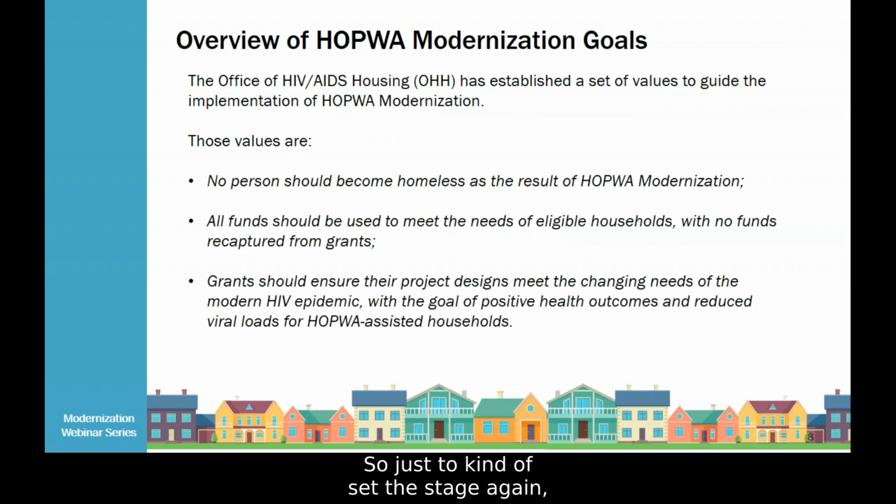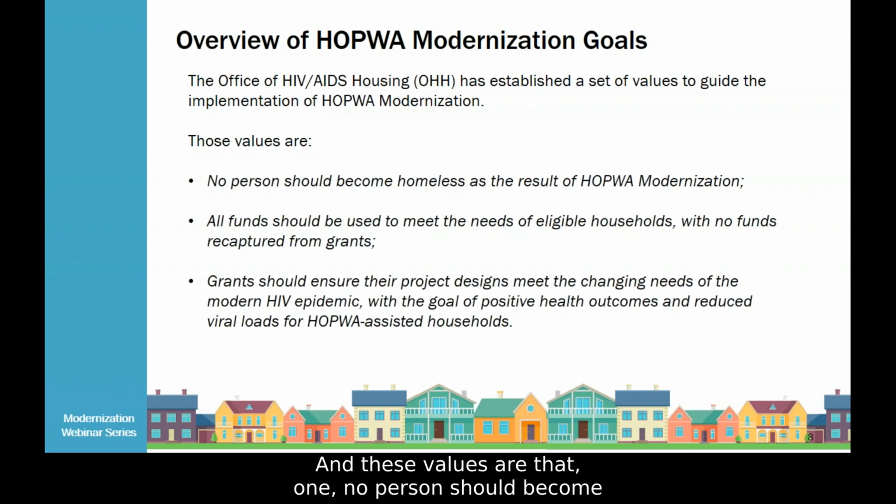Just to set the stage again, particularly if any of you are new and haven't been on our previous webinars, when the legislation passed enacting HOPWA modernization, HUD identified 3 goals or values that it's designed to really drive decision-making throughout the process.